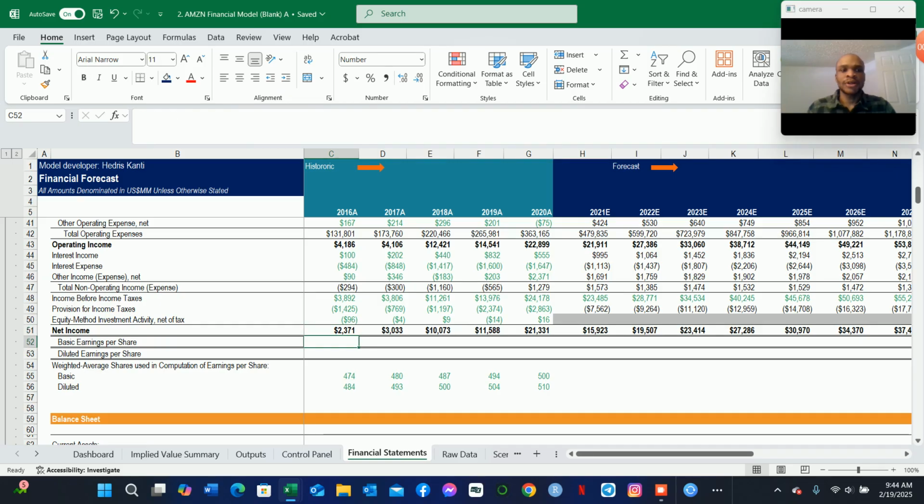Let us calculate here, let us determine the basic earnings per share and the diluted earnings per share. So we take the income generated in that period, the net income, and we divide that by, make sure that we reference the cell with F4 two times, the basic weighted average shares used in computation of earnings per share, and also the diluted weighted average shares used in computation of earnings per share.